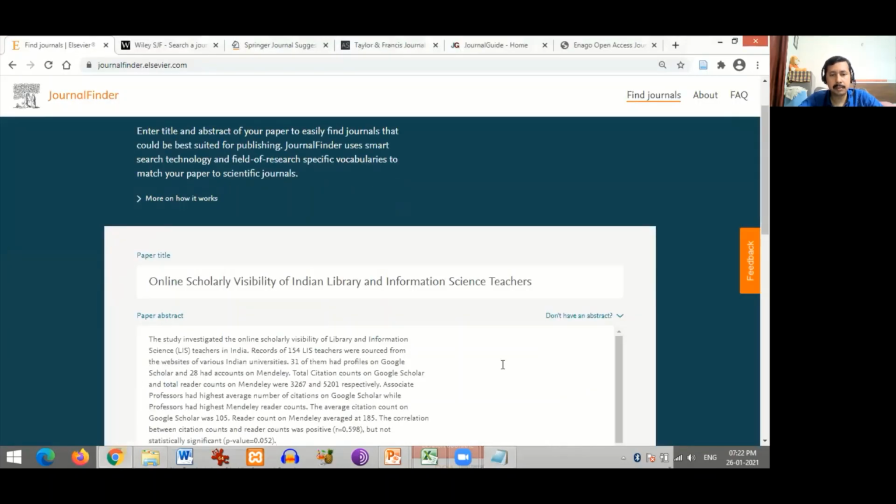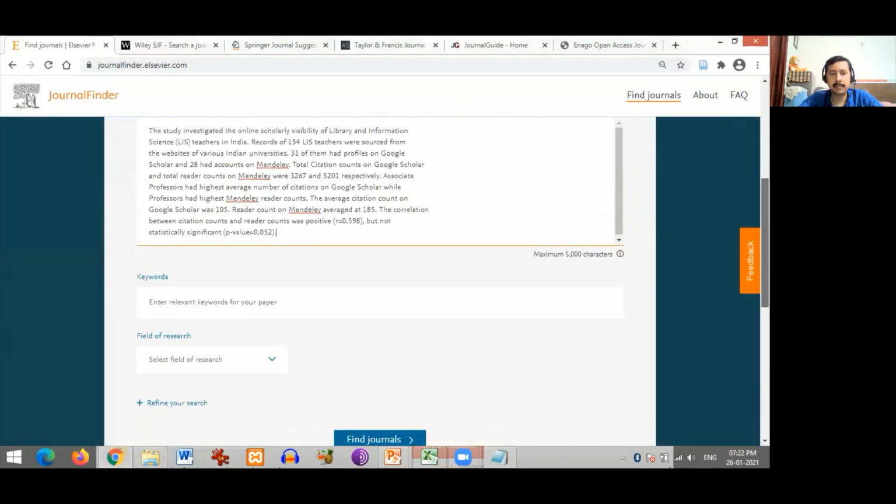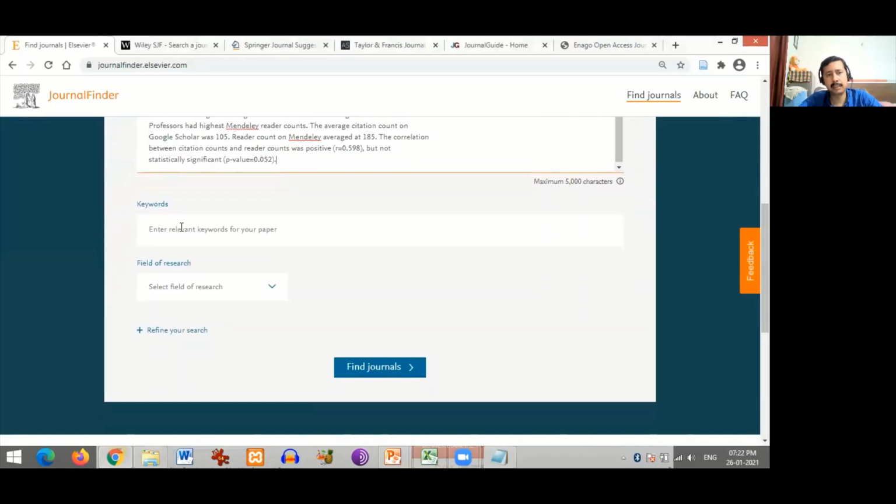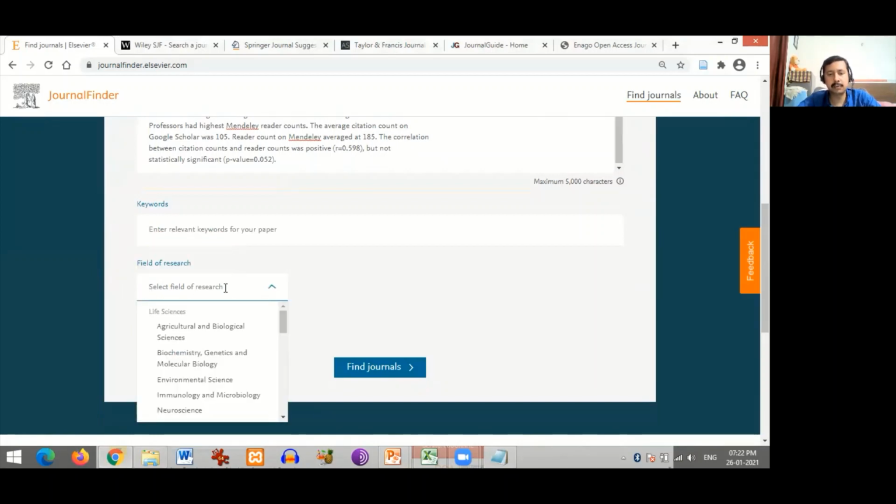I'll paste in this box and let me click on, I can choose a few relevant keywords for my searching. So field of research can also be used if it is found.